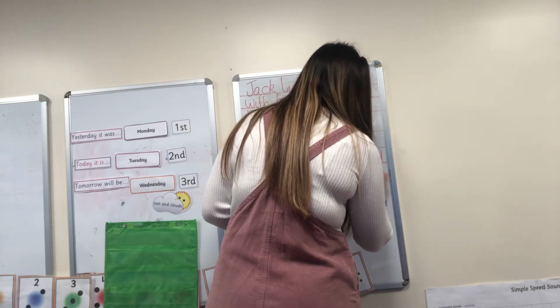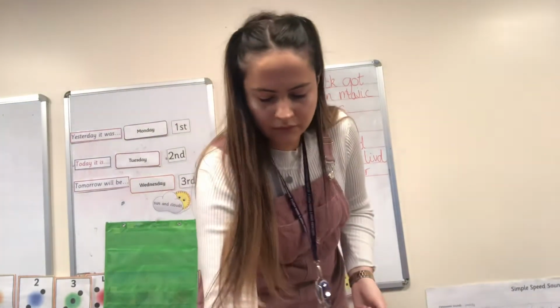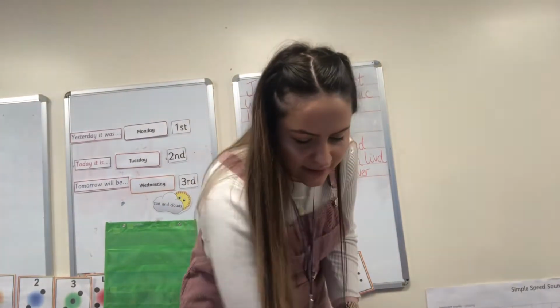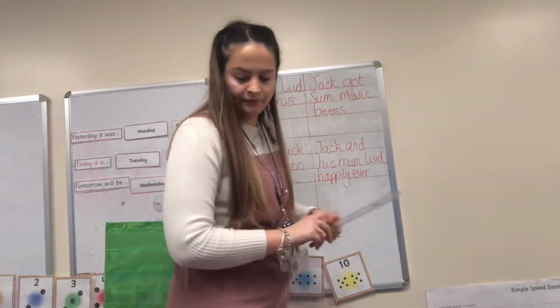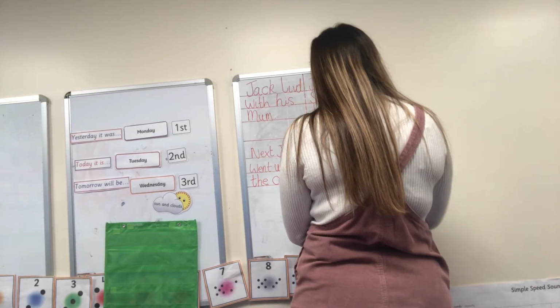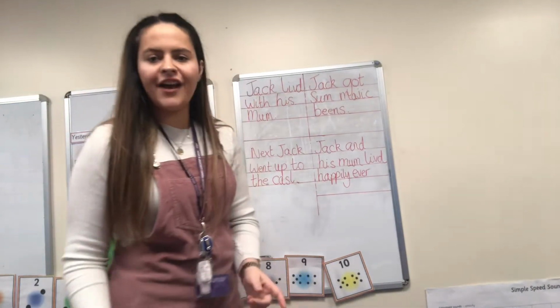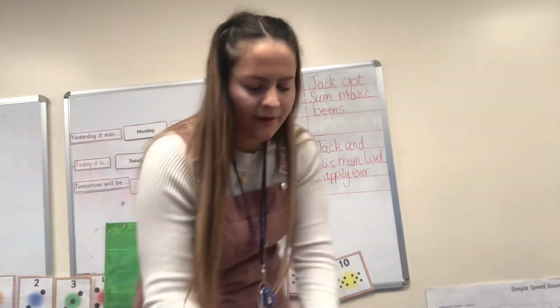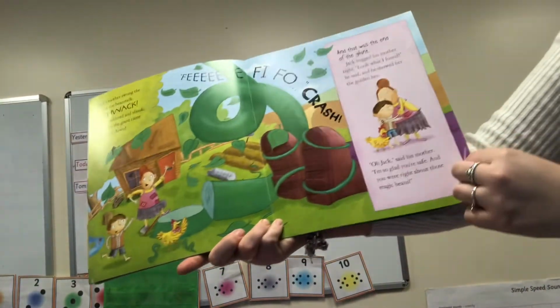ever. Oh, I think I need another line. Don't I? I need another line at the end. Look for my ruler. Happily ever after, because that's the bit we're on here, isn't it? Can you see? So this is them here, when the giant's being cut down.